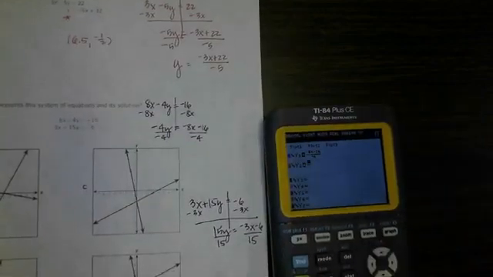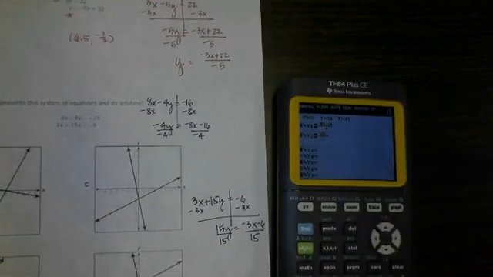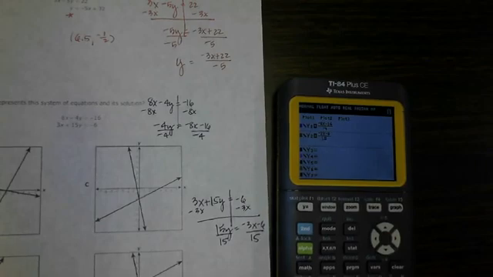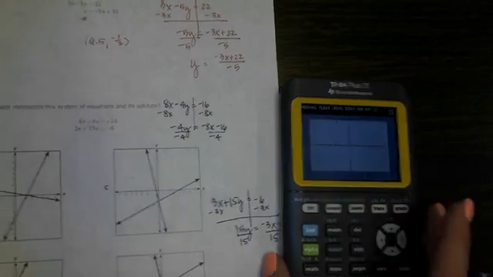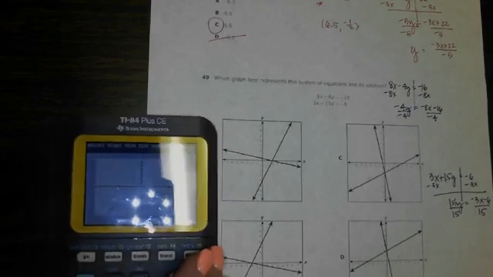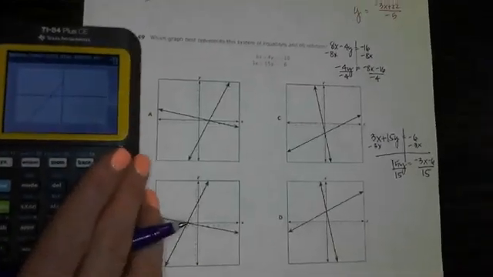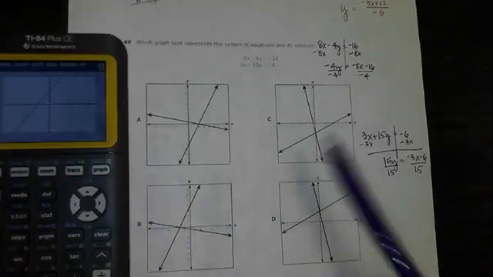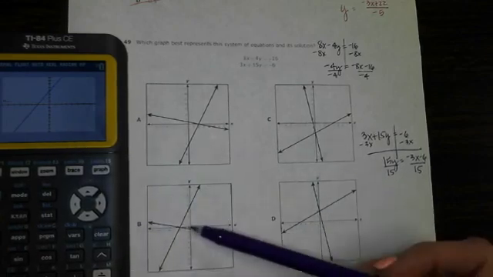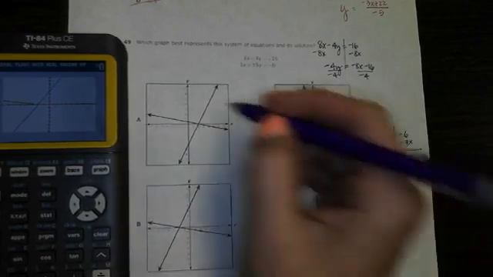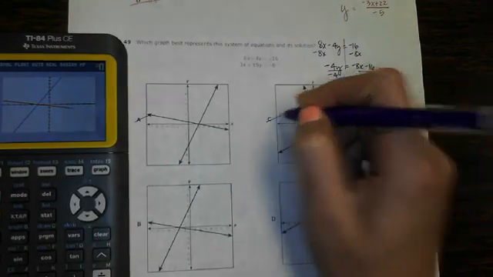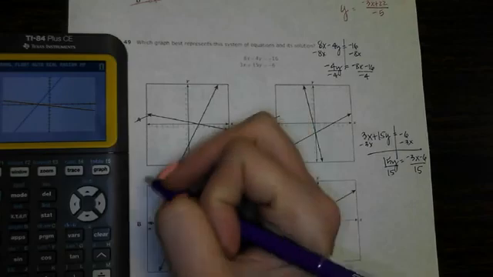So I'm going to start with a fraction and do negative 3x minus 6 all over 15, no need to reduce. And I'm going to hit graph, and I should be able to tell which one of these graphs looks the same. So I definitely have one intersecting up here, so it looks like it's going to be B. It's definitely not A or C. And then the graph that looks like it matches is B.